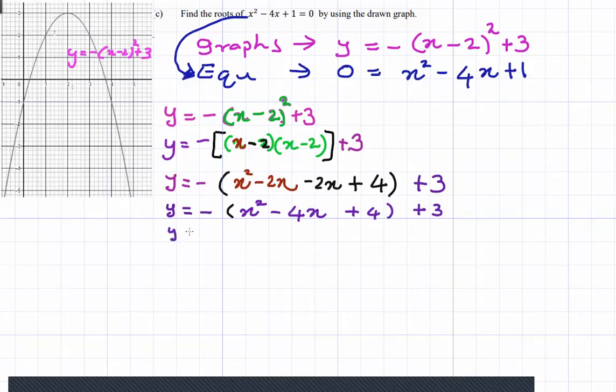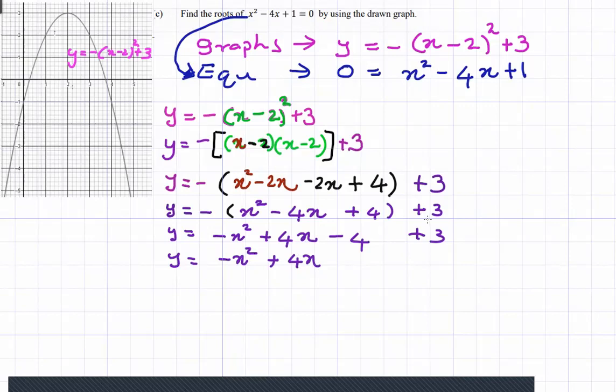So y equals, now let's remove the brackets, minus times x squared. That gives minus x squared. Then minus into minus is plus 4x. Then minus into plus, minus 4 plus 3. Then y equals minus x squared plus 4x.